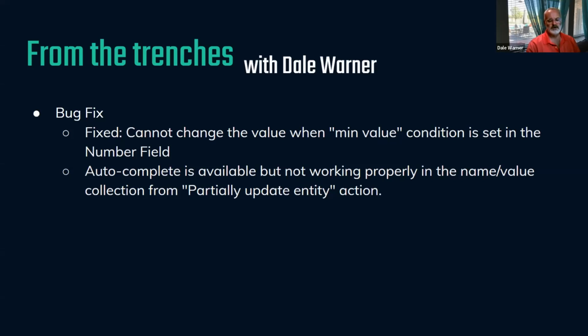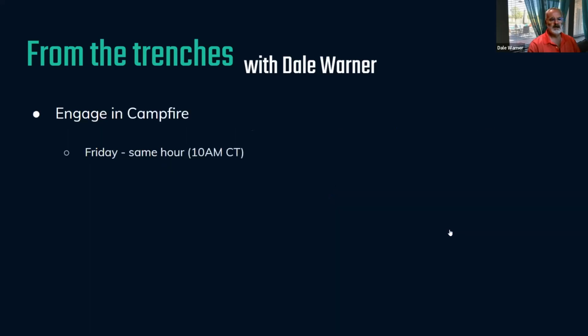As a reminder, we've done that in the automation section of our product, and it will roll out over time to all of the various sections of our product. We're getting it right in automation and then moving on to other areas. And so it didn't work in this one area when you were doing a partially update entity action; it wasn't expanding. So we've corrected that. Great.